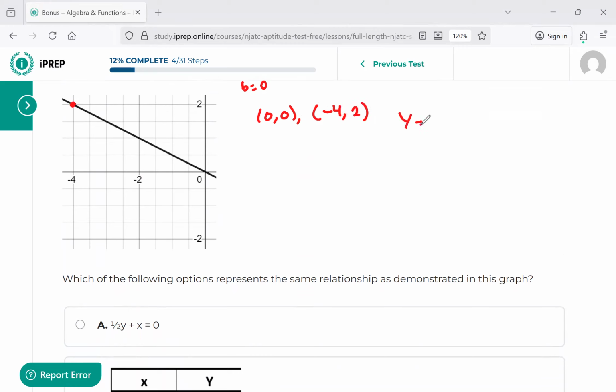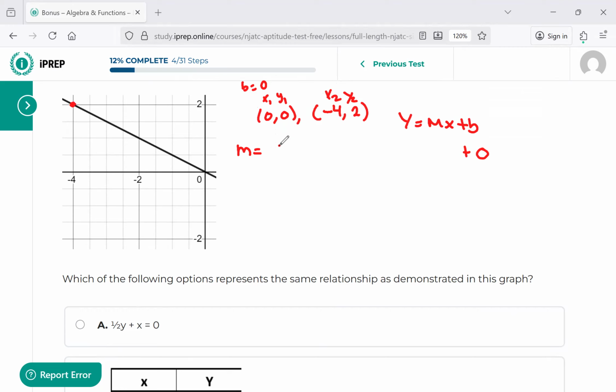So what we want to do is put it in the equation y equals mx plus b. And we already know our b is 0 because that's our y-intercept. So all we got to do is find our slope. So how do we do that? Use the slope formula. So m is y2 minus y1 over x2 minus x1.